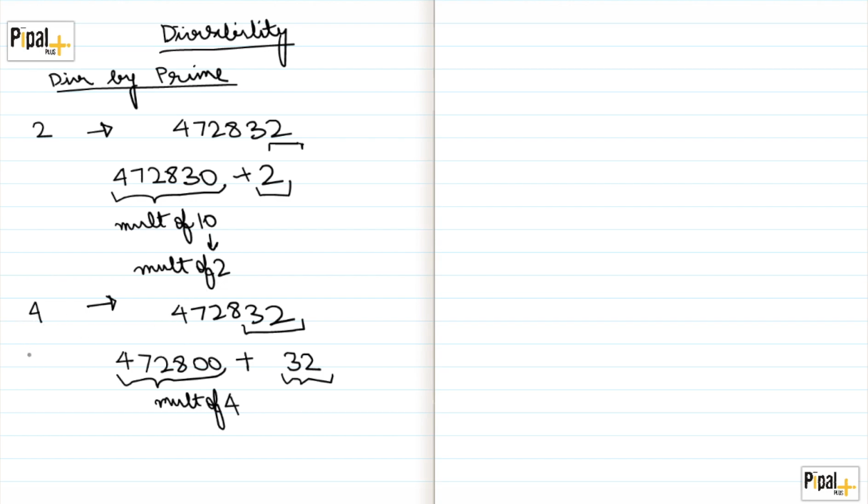Now you notice that 4 is 2 squared, right? So what we've really done is, when the power of 2 is 1 and I'm checking its divisibility, I look at just the one digit from the right hand side. If however the power of 2 is 2, then I'm checking for 2 digits. Now extending this logic, if let's say I were to check for 2 cube or 8, so the same number 472832, I this time separate out the last 3 digits, because 472832 is 472000 plus 832.